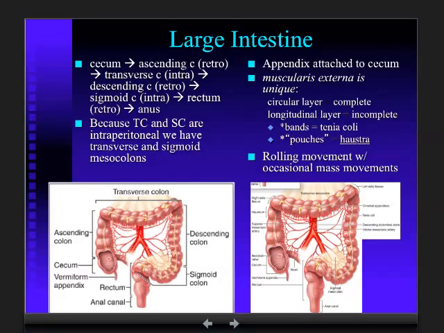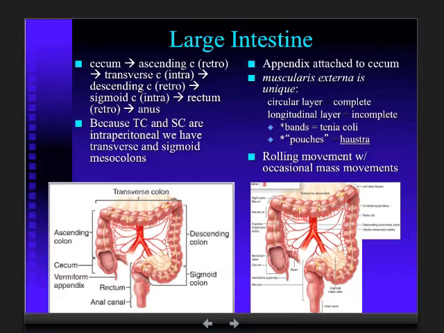Okay. A weird anatomy here as we look at a cross section of the gut is that our inner circular, outer longitudinal takes on a slightly different appearance. The inner circular in the muscularis externa is as it should be, a nice circular cylinder of muscle running the length of the large intestine.